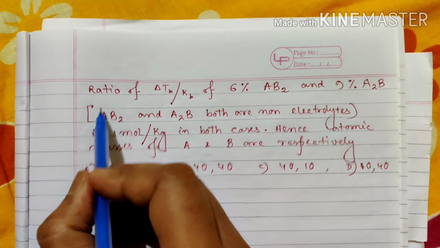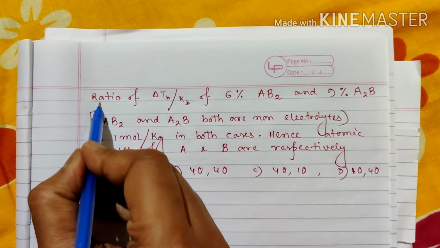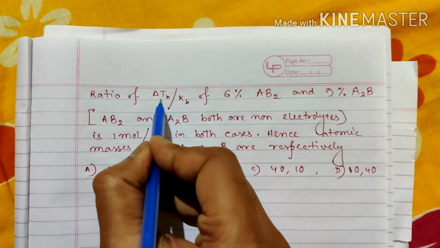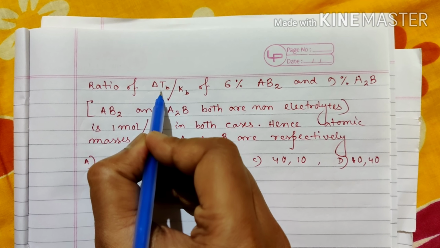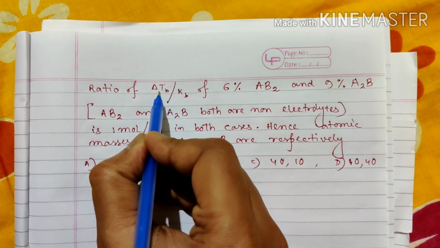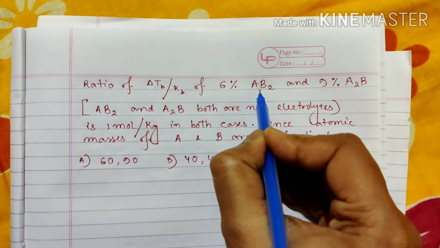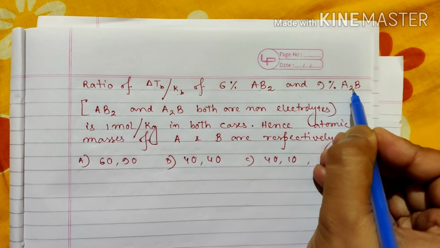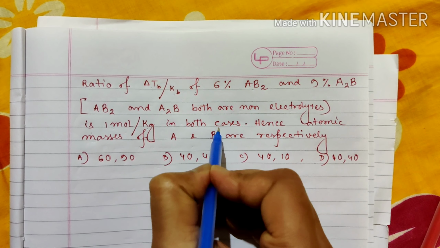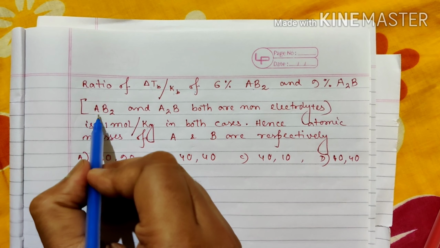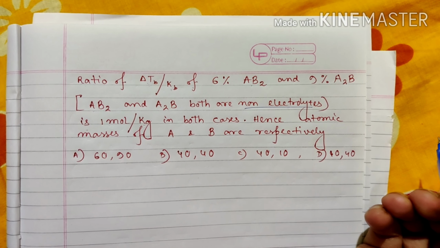Next question for today is a different type of problem. Here the question is the ratio of delta TB by KB. Carefully see, we have not seen this type of problem yet. Delta TB by KB of 6% AB2 and 9% A2B is 1 mole per kg in both cases, while AB2 and A2B both are non-electrolytes.